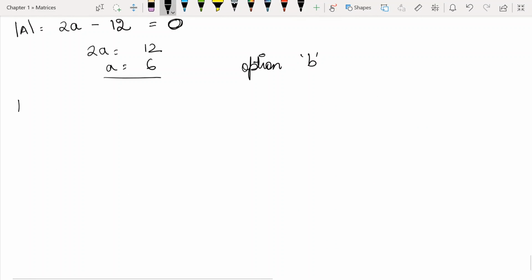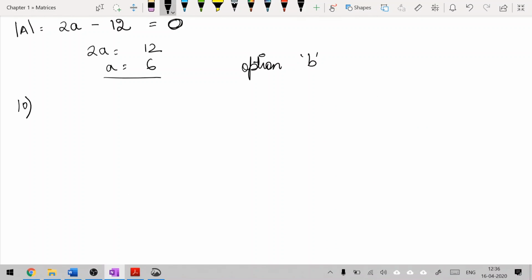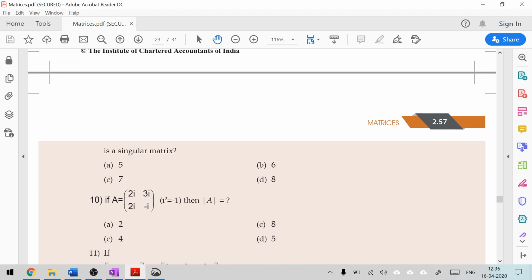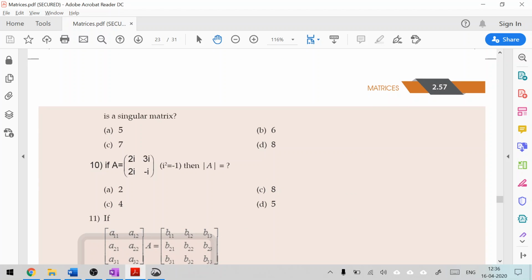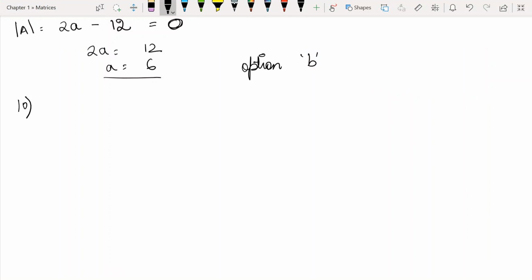Okay, let's go to the next one, the 10th question. Look at this. If A is equal to 2i, 3i, 2i, minus i, where i square is equal to minus 1, what is determinant of A? So let's write that down.